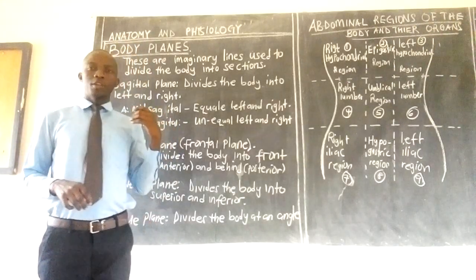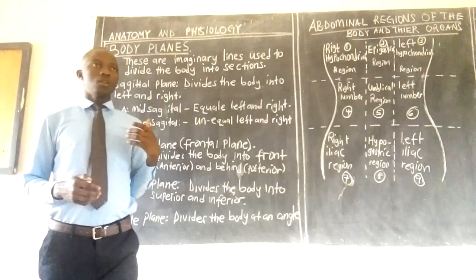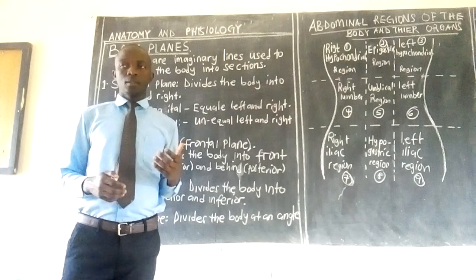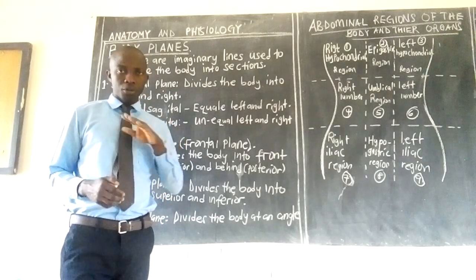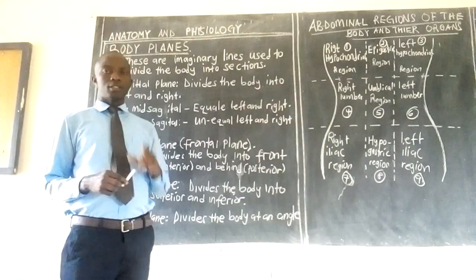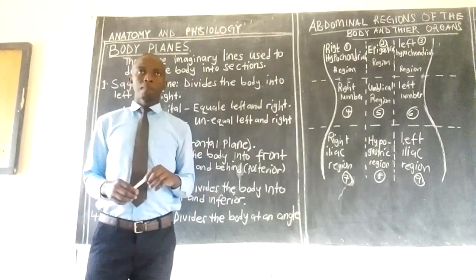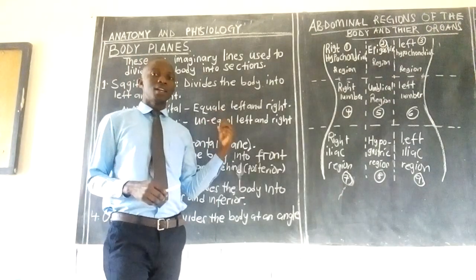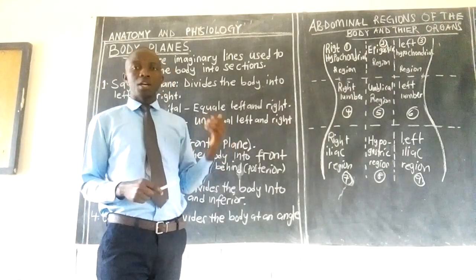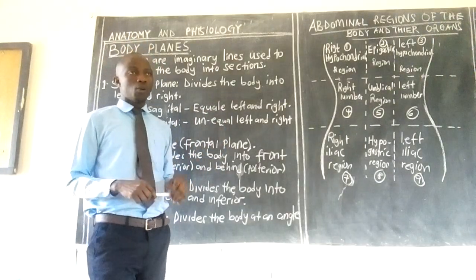Still, these body planes help us to dissect body regions. So when you're doing a dissection of a given body part, these planes guide us on the lines of dissection.